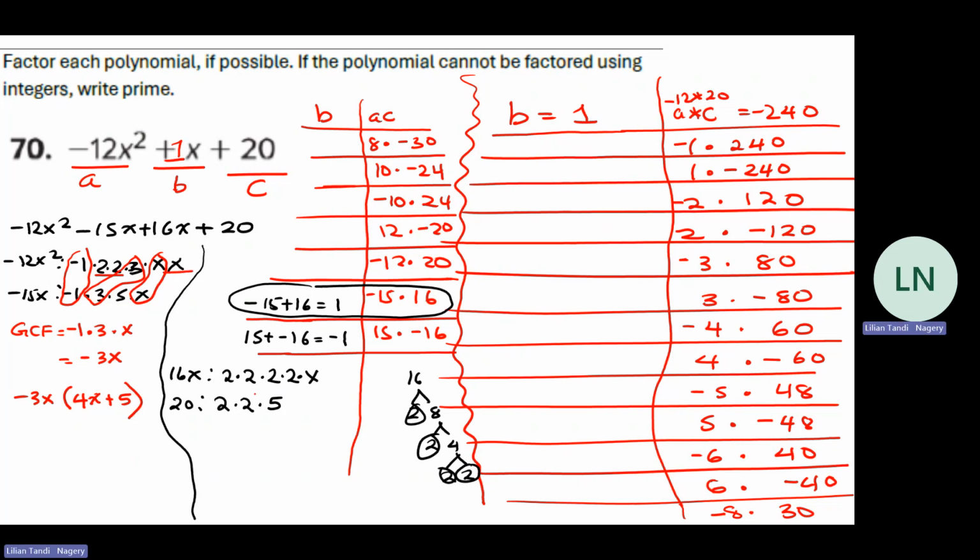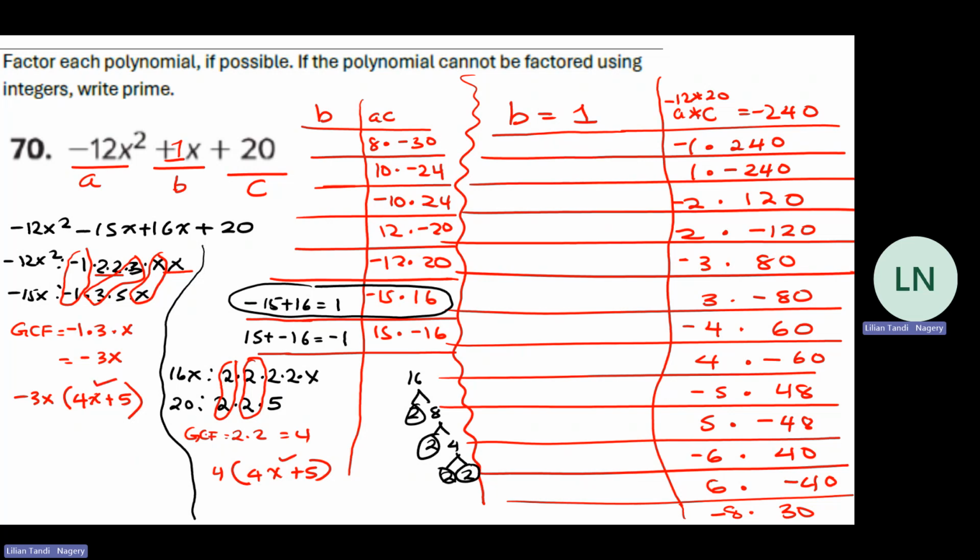So that's how I got 4x. Okay, let's do this. I have this, and that's it. I don't have anything else. So my greatest common factor is 2 times 2, which is 4. 4 outside, 4x plus 5.